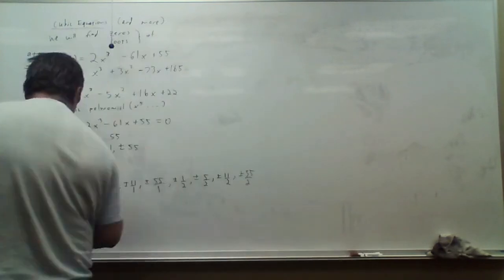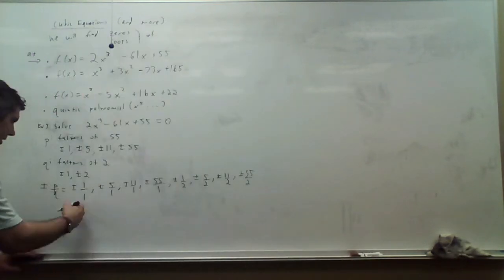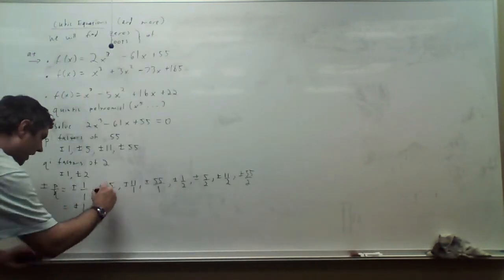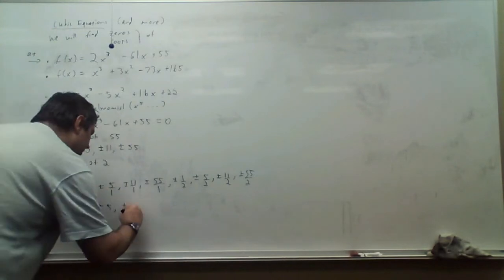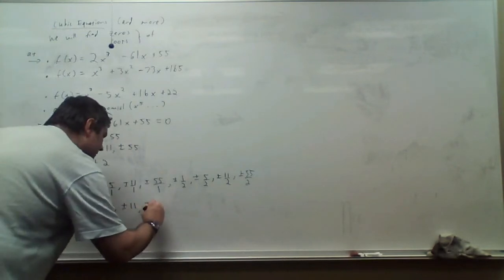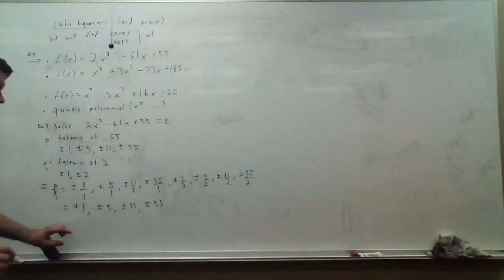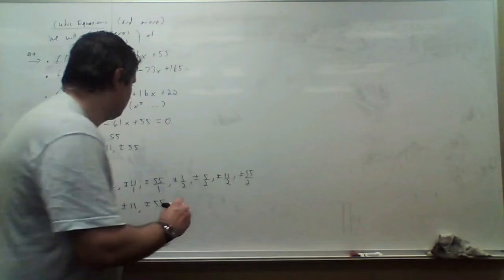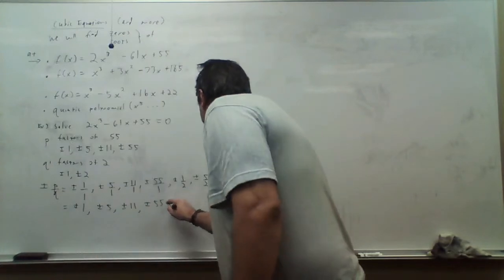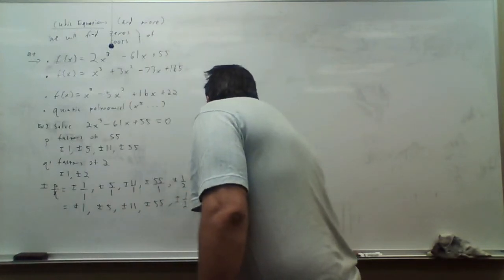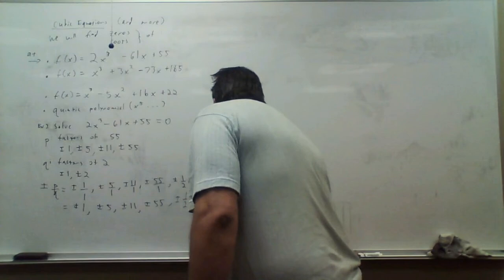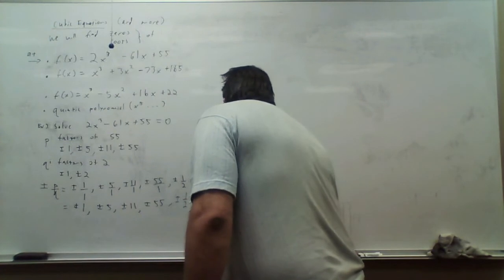Okay, so 1 divided by 1 is 1, 5 divided by 1 is 5, 11 over 1 is 11, 55 over 1 is 55, and then it's going to be these four: 1/2, plus or minus 5/2, plus or minus 11/2, plus or minus 55/2.